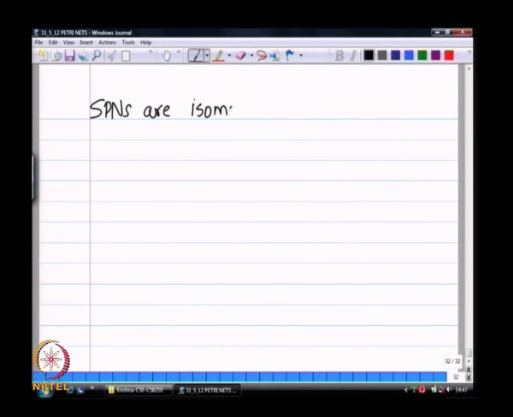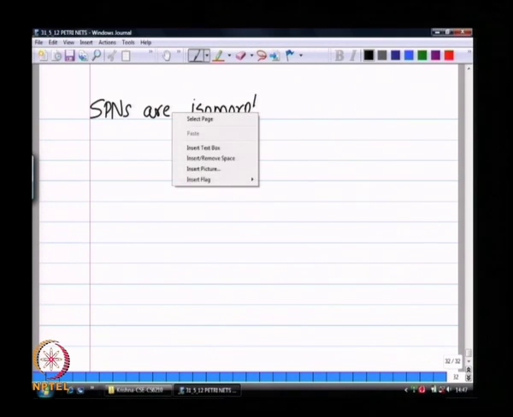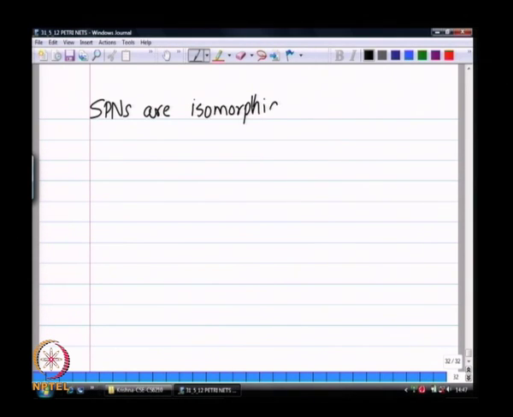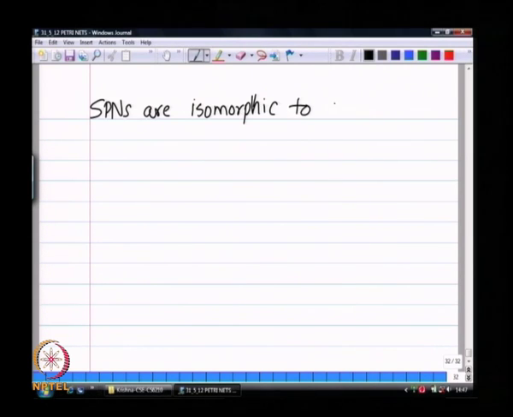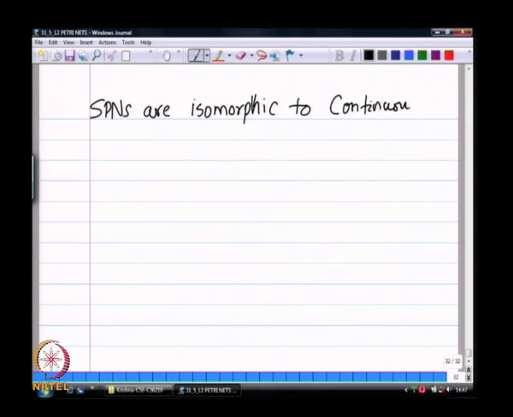So why are these stochastic Petri nets special? Because the reachability graphs of stochastic Petri nets are isomorphic to the state transition diagrams of continuous time Markov chains, also called CTMCs.